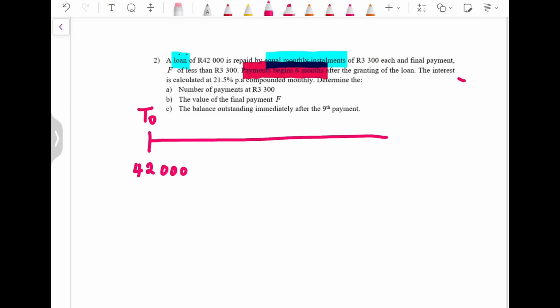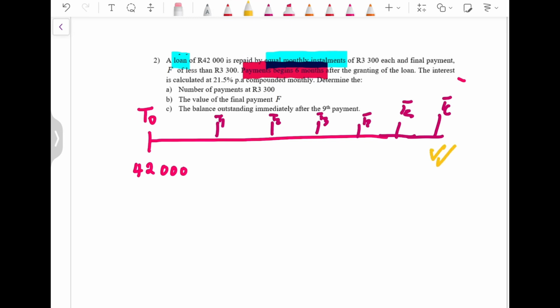If you are paying every month, the first payment would happen here at T1, but there is no payment. There must be a payment at T2, no payment. T3, T4, T5, and then T6.